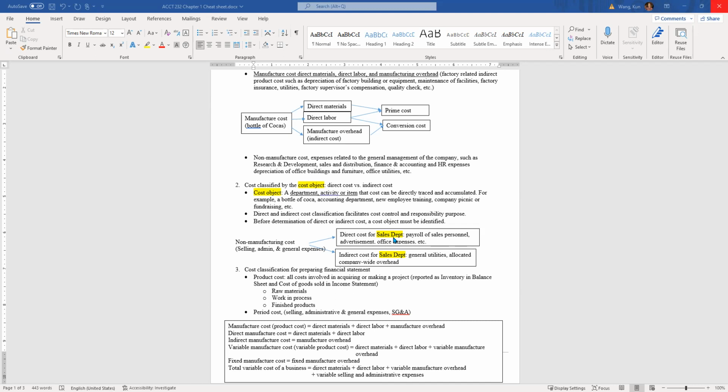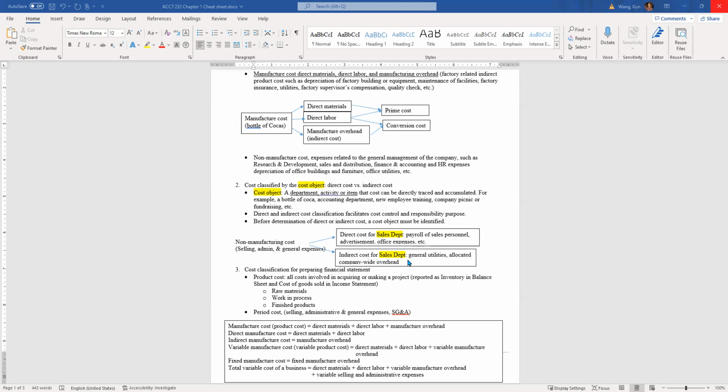And when we use the budgeting system, we set up the budget for the marketing, then you can easily compare the actual cost with the budgets, right, to tell the variances. But for the indirect cost, most of the time the sales department wouldn't have direct control, like the utility rate or usage and the company-wide general overhead.